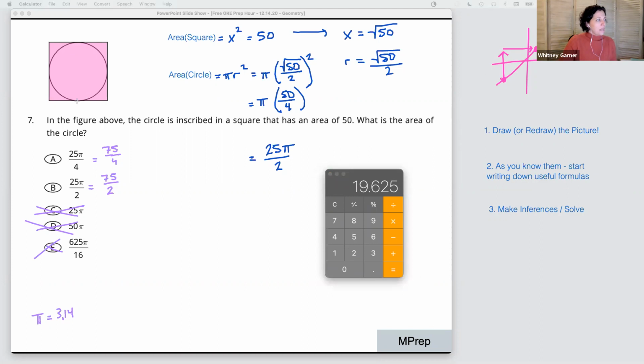Ready for an estimation? If I break a square into 4 squares, notice that the circle is extending past the halfway point of each of these squares.